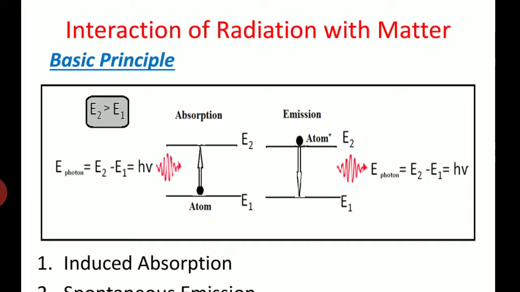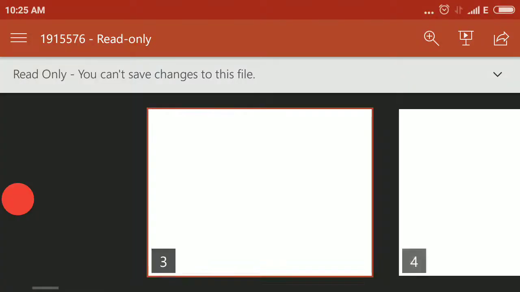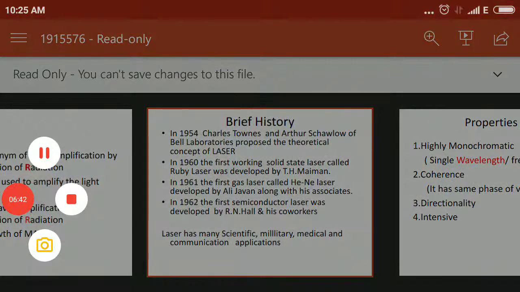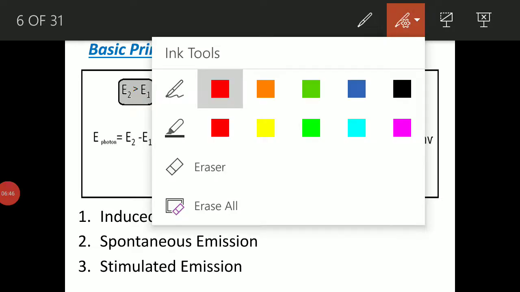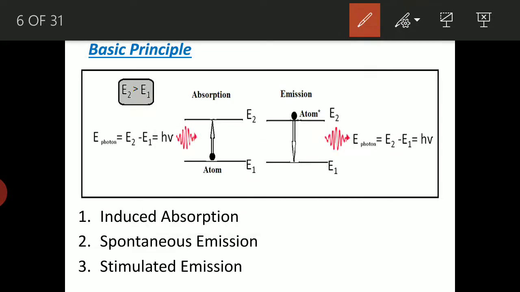Here we can observe that there are many more energy levels associated with matter. Let us consider the basic things. Let us consider there are two energy levels, E1 and E2.